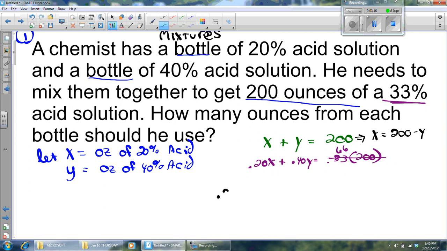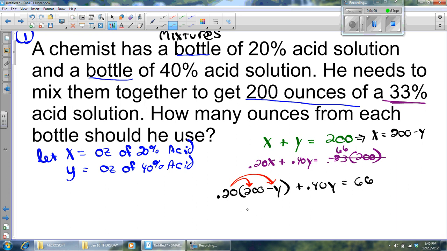All right, so I'm going to do 0.20 times whatever x is, 200 minus y. I'm going to add 0.40y. That's going to equal 66. Okay, I'm going to distribute just like this. And let me see, I need 20% of 200.